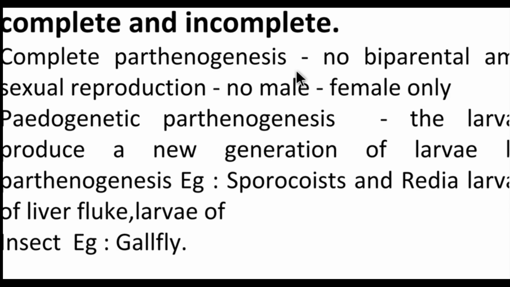I repeat, there is no participation of two parents, male and female. There is no sexual reproduction and no male, only the participation of the female. That is called complete parthenogenesis.